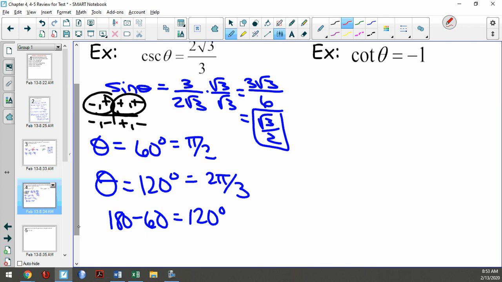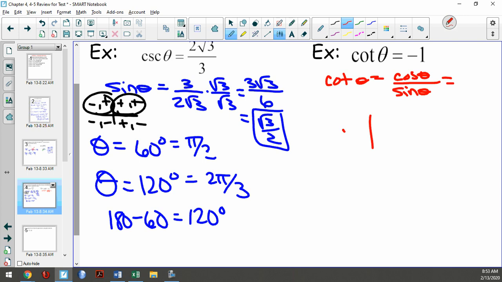Okay, what about the cotangent of theta is equal to -1? Well, what is cotangent understood to be? Cotangent of theta is your cosine value over your sine value. In order for that to be -1, my sine and cosine values have to be the same but opposite signs.